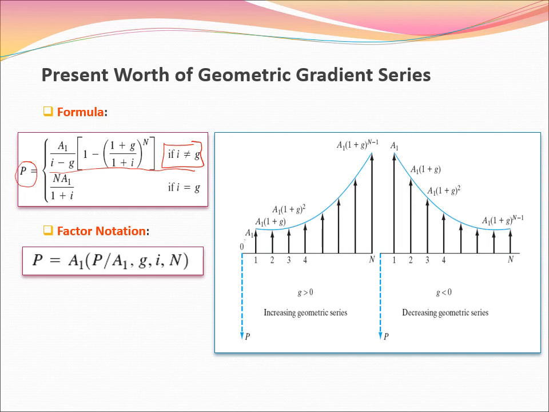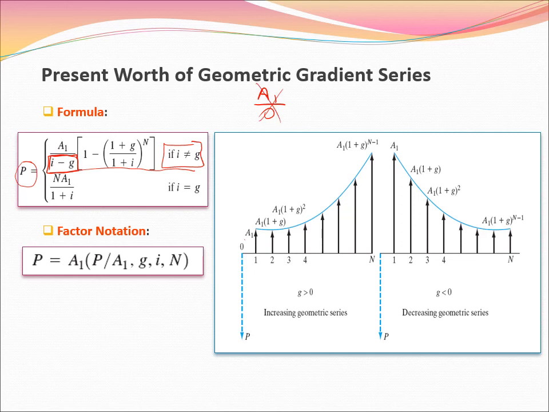Why do we divide this into two? Because of this. Look at this formula. In the formula, we have i minus g in the denominator. And if i is equal to g, it will make A1 divided by 0. And mathematically, this is undefined.